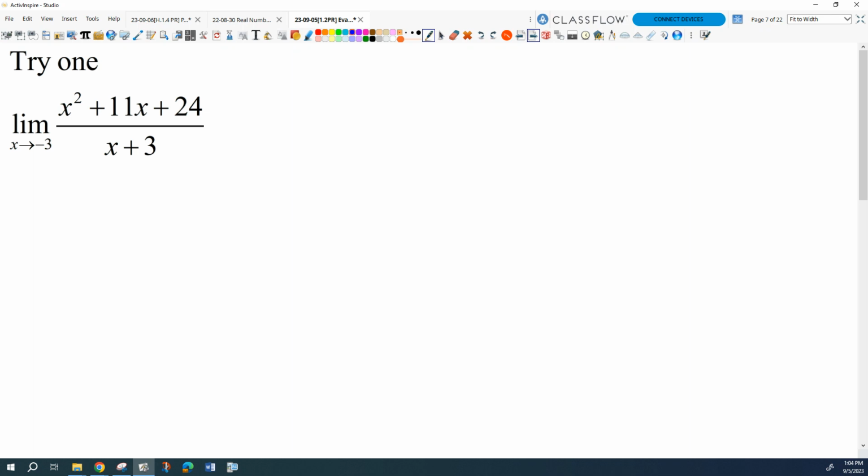Let's see, negative 3 squared is 9, right? Plus negative 33 is negative 24, plus 24 is 0 over 0. So I do get 0 over 0, right? Okay, so then we have a rational function that's indeterminate, 0 over 0, so our strategy is guaranteed to work, what is our strategy?